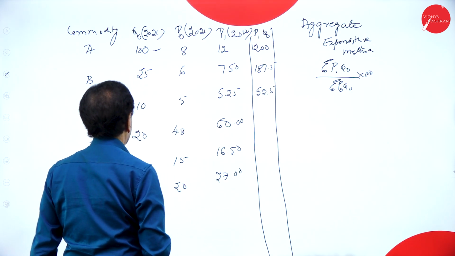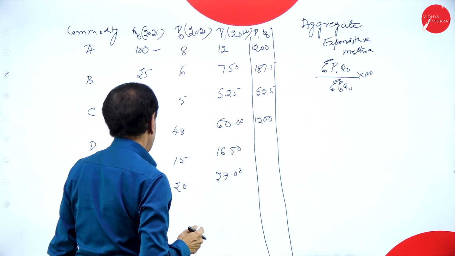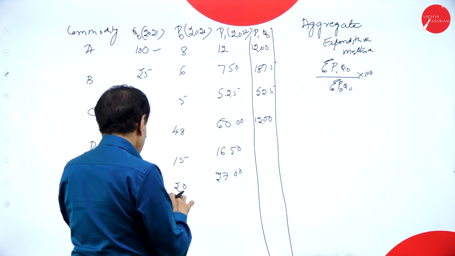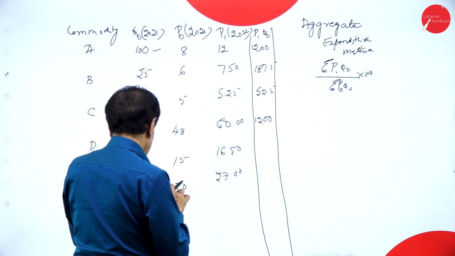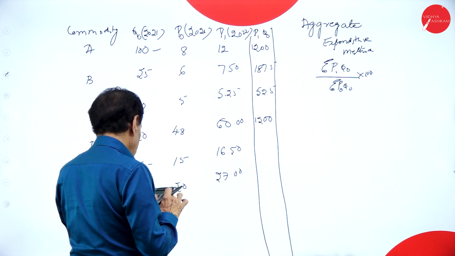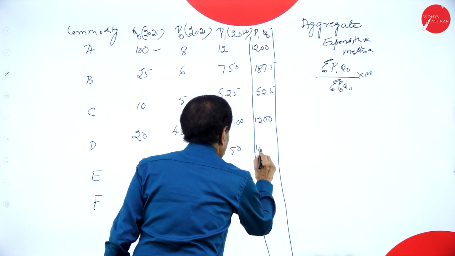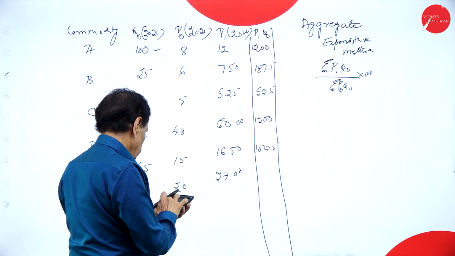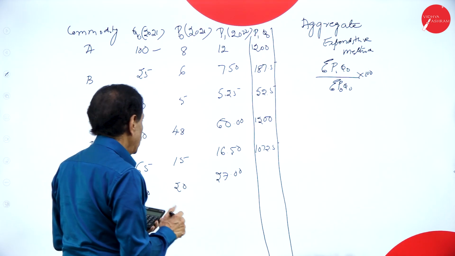Then 60 into 20, 12 followed by 20. Then 65 into 16.50 is 1072.5. Then 27 into 30, 810.